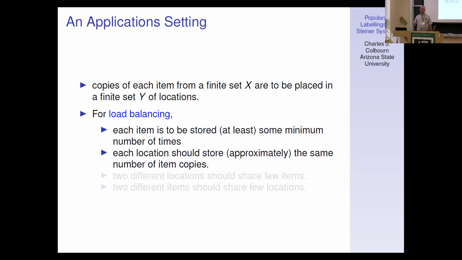So for load balancing criteria, we're going to insist that each item be stored at least some number of times. And of course, not too many more times than that, because we don't want to waste the storage we have. And every location should have approximately the same number of items.